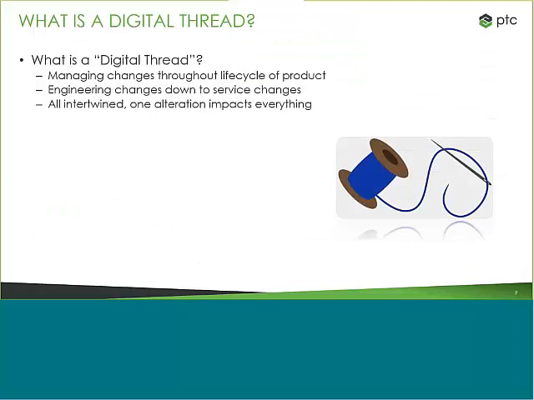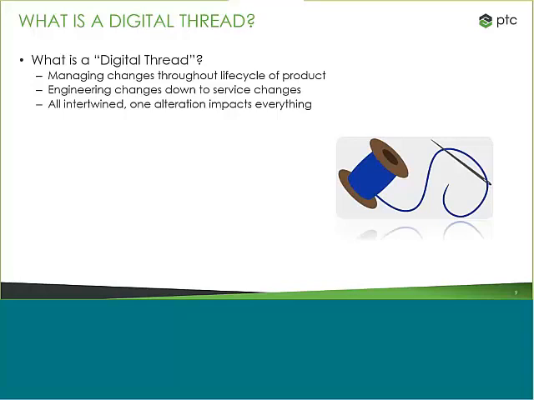So now the latest evolution that we've had is related to the digital thread. And at a high level, what digital thread is referring to is just managing changes throughout the life cycle of the product. The idea that you want your service content and your other content related and tied to the engineering data.